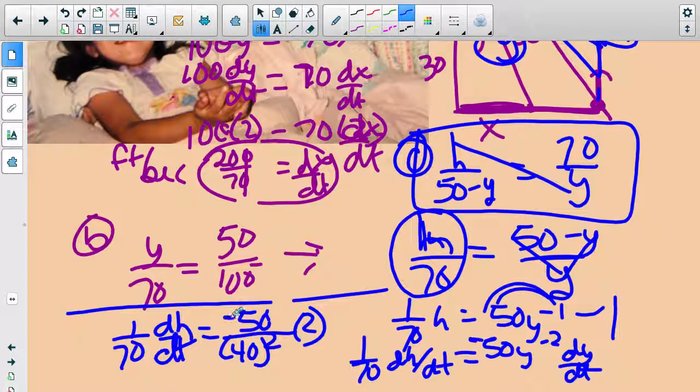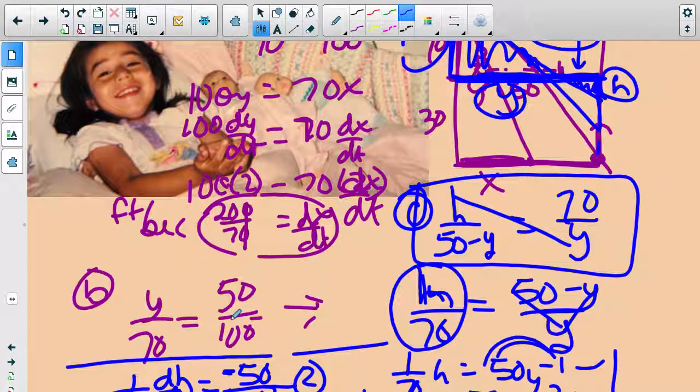So I get negative 35, and that makes sense because as she walks across, isn't H shrinking? H is getting smaller and smaller, so its rate of growth should be negative.